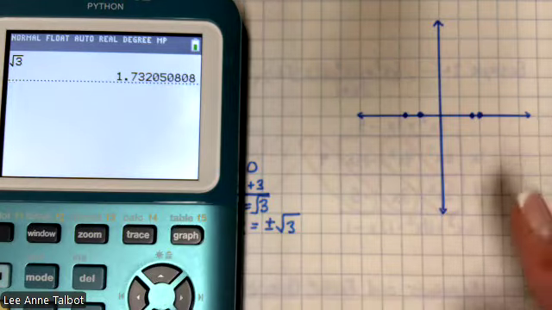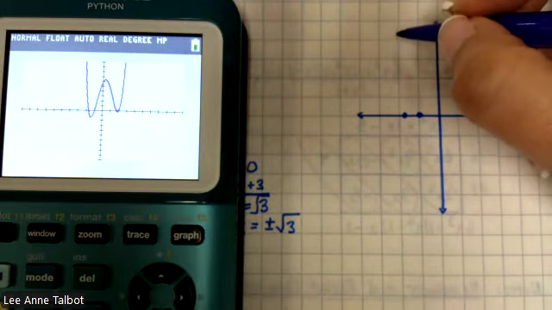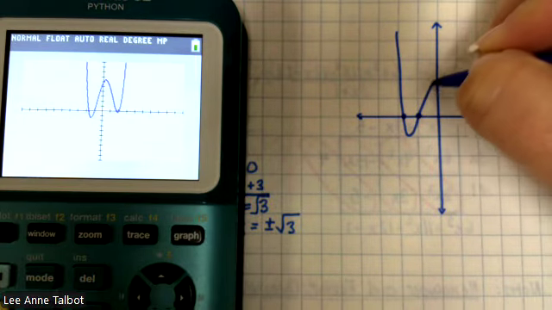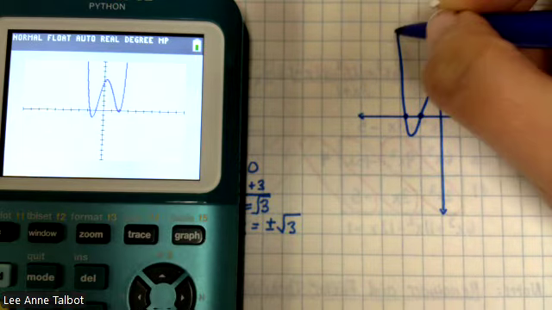And my A value was positive, so I need to come from the top, right? So I'm just going to do my best. Sketch.